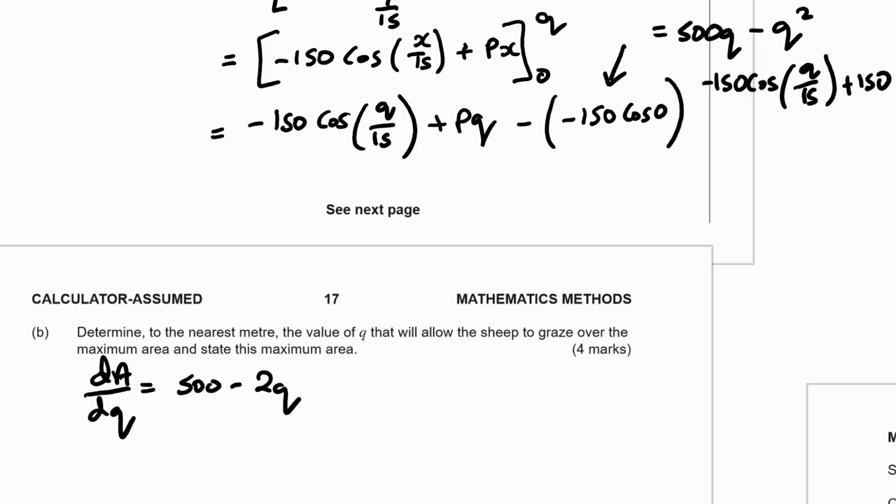So this negative cos will differentiate to sine. So that's going to be plus 10 sine Q over 15, and the 150 of course disappears. So when we differentiate it, we multiplied by 1 over 15, which is why this is 10.